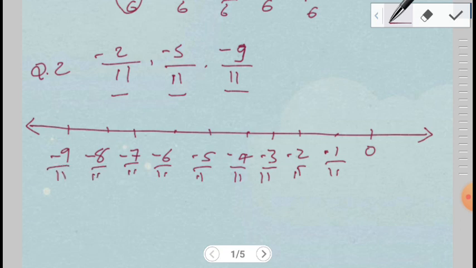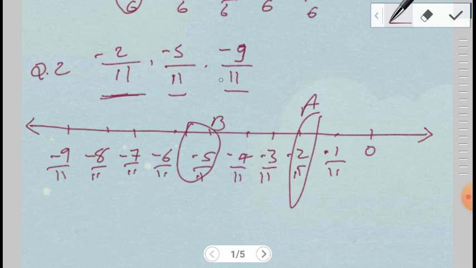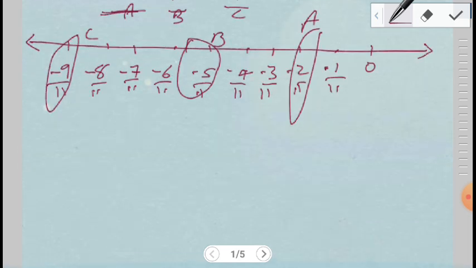Now we can note that minus 2 upon 11 is here, which we call A. Minus 5 upon 11 is here, so it is called B, and minus 9 upon 11 is here at C. So we have found all these rational numbers on the number line and marked them as A, B and C as per the question.